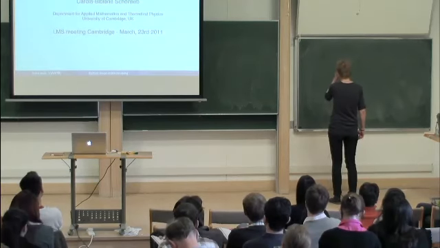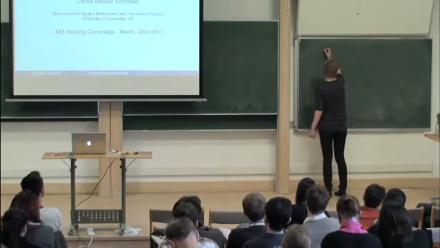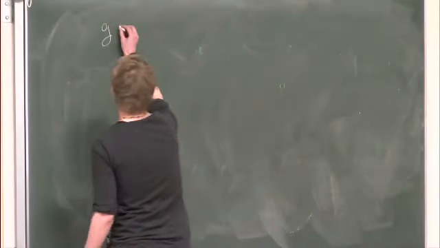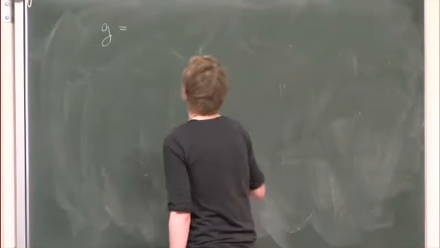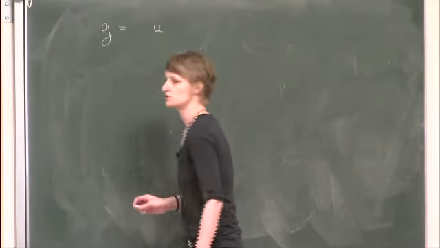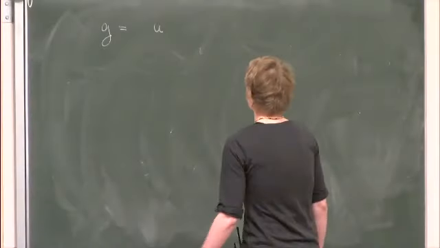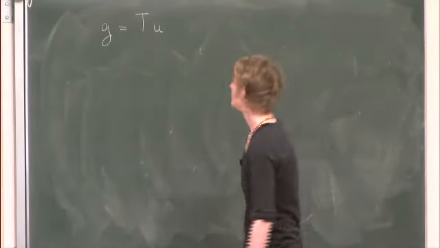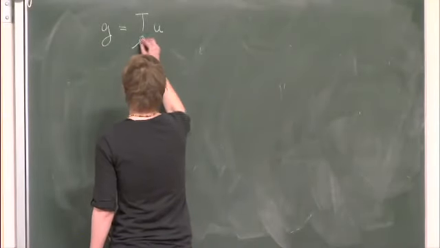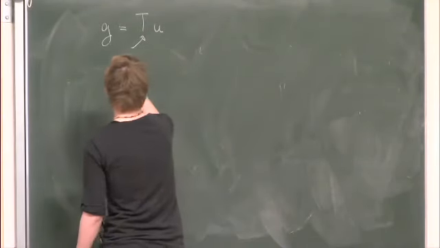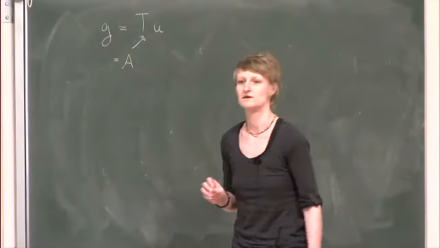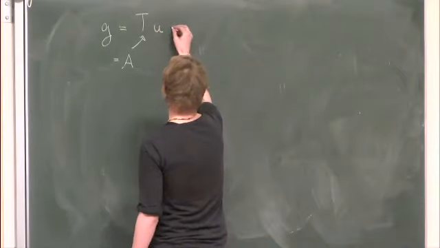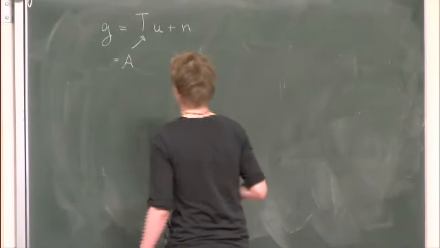So I have given an image, and I call this image G. This image that I observe is the original image U, which I want to reconstruct, after it has gone, say, through some linear process, which I call T, and we have seen before T being the same as A in what Emmanuel Candès said. And I might even have some additional noise, which I call N.